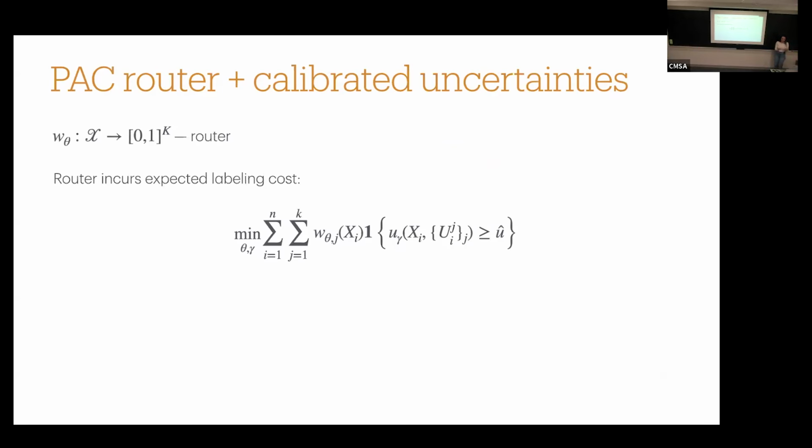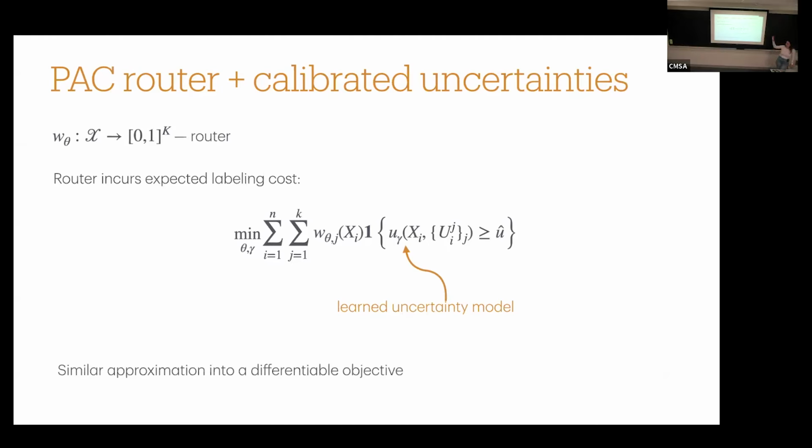Maybe we can aggregate the uncertainties over all of these different models and learn a better uncertainty score for a given point. So here we add another model that we're training, which learns a better post-processing of the uncertainties. Nothing fundamentally changes when you introduce this model. There's a similar approximation into a differentiable objective.